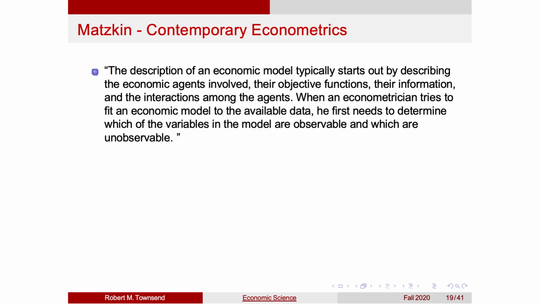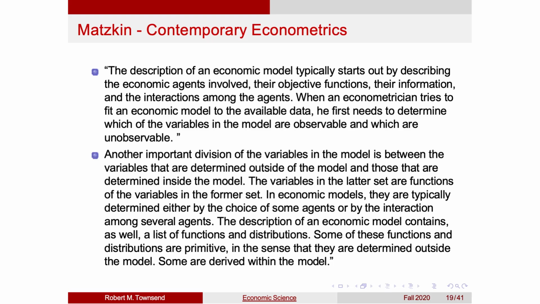First of all, which variables in the model are observable and which are unobservable. Also, which variables are determined outside the model versus those determined inside the model, exogenous versus endogenous. Variables determined within the model are usually determined by the choices of agents, by their interaction with each other.